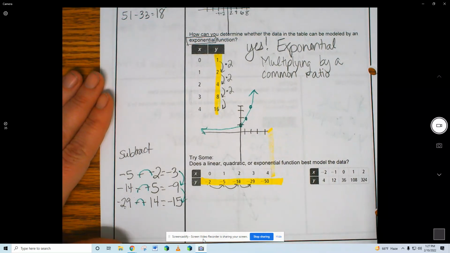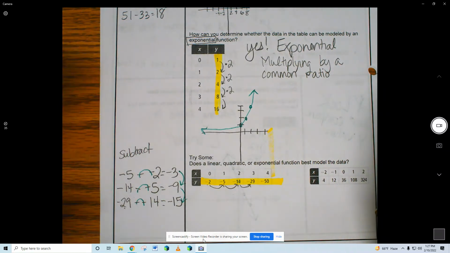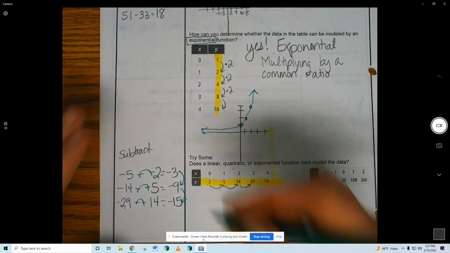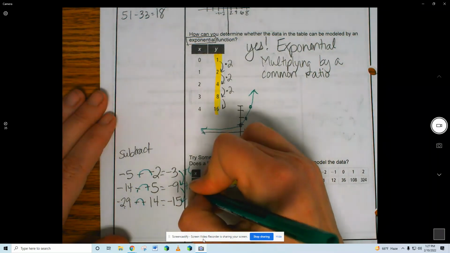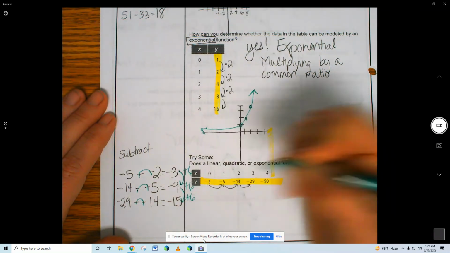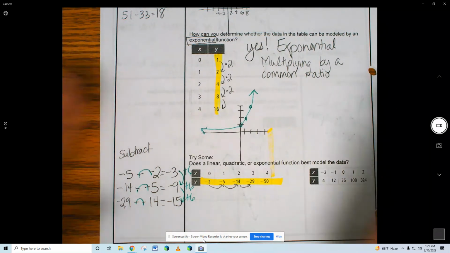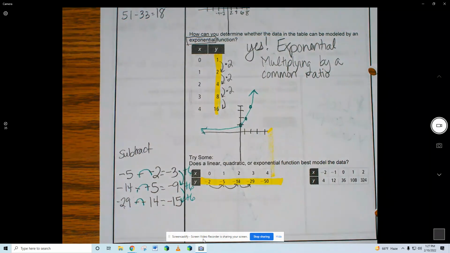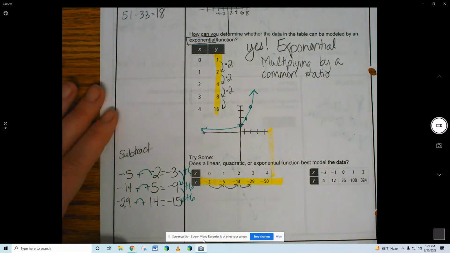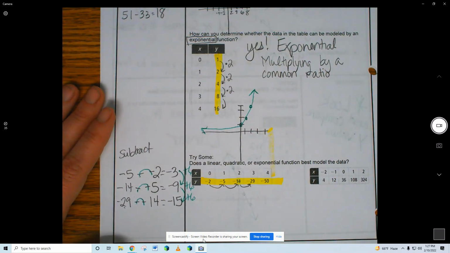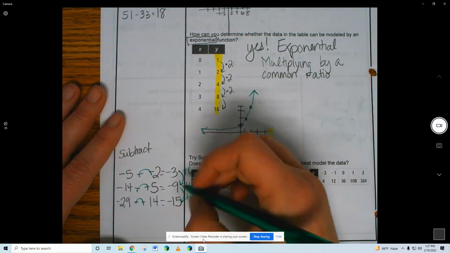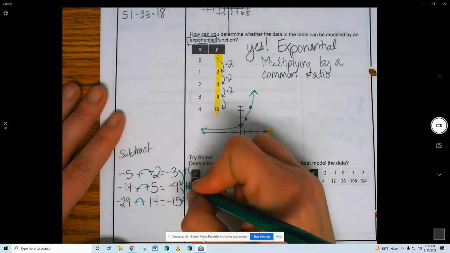What's that pattern? Let other people answer. 6. That's a pattern. Oh, it's negative 6, but anyways, it's by 6. That's the pattern. It's really negative 6.